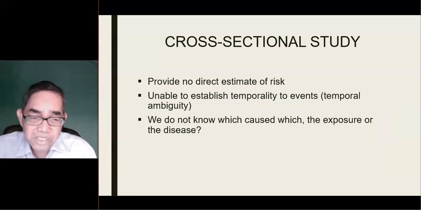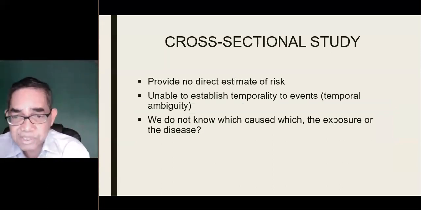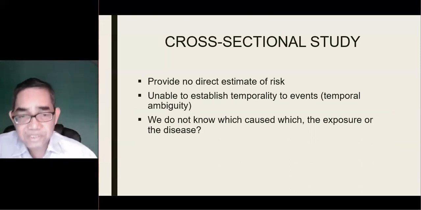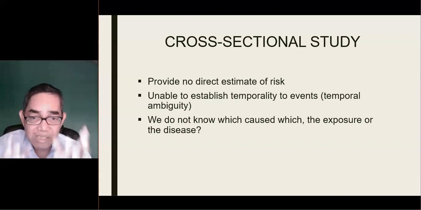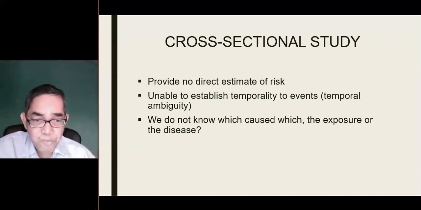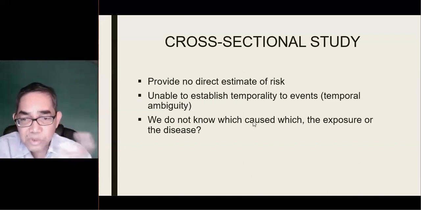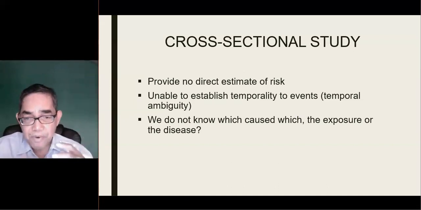A cross-sectional study cannot provide us a direct estimate of the risk. We cannot actually talk of risk in a cross-sectional study because we look at the population at one point in time. Therefore, we are unable to establish temporality to events. When we are unable to establish temporality to events, we call it temporal ambiguity.